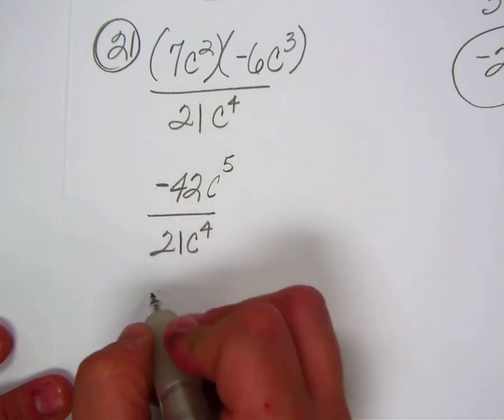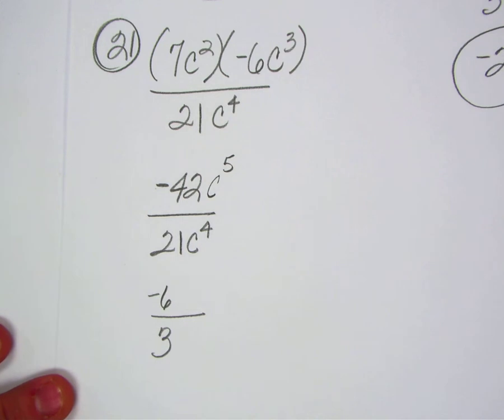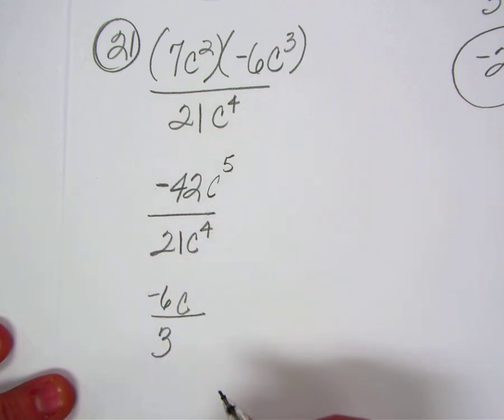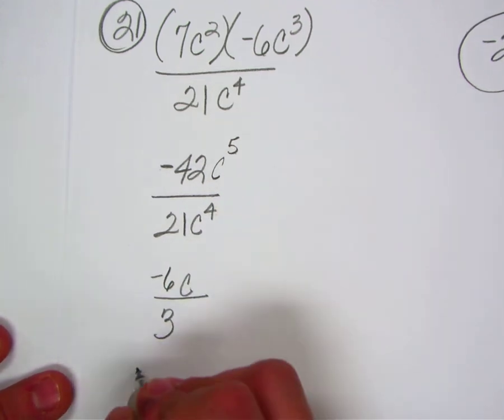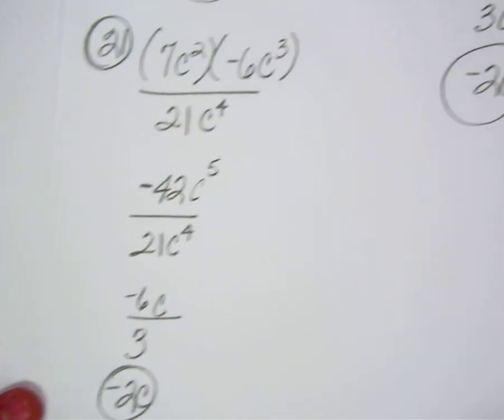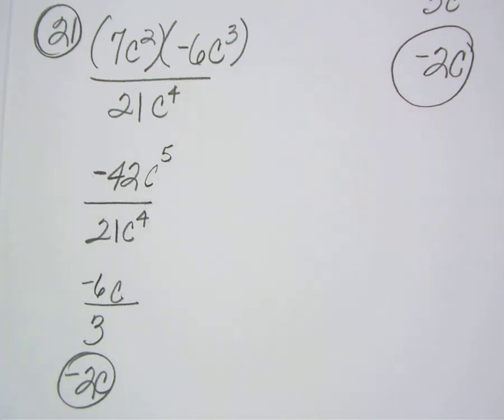So that's negative 6, and that's 3. And then I subtract the exponents. 5 minus 4 is 1. Is there anything else I can do to that? Yeah, you can divide negative 6 divided by 3. So negative 2c, which is what we got when we did it over here, right? Same thing.